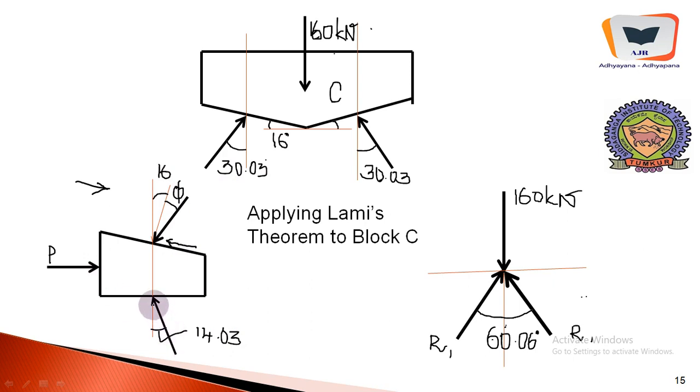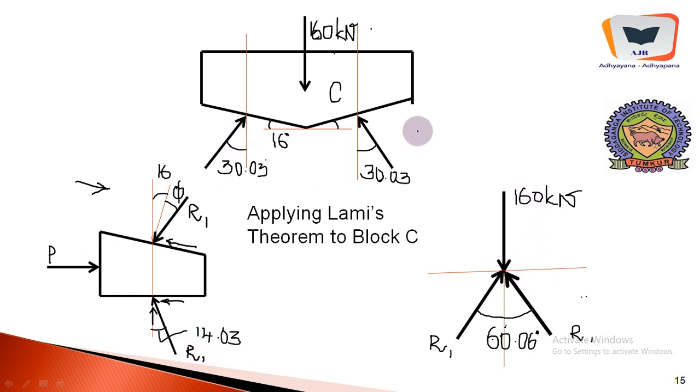Here the normal reaction acts vertically up, and the frictional force opposes the lateral movement of the wedge, and this is the resultant reaction, which we name R1. This is R2, and R2 is immaterial over here. We need to find R1 to move further.